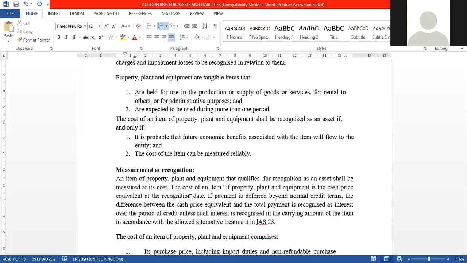But look at a scenario where we bought a tractor in 2018 at 20 million. We used it in 2018, and we are using it in 2019.